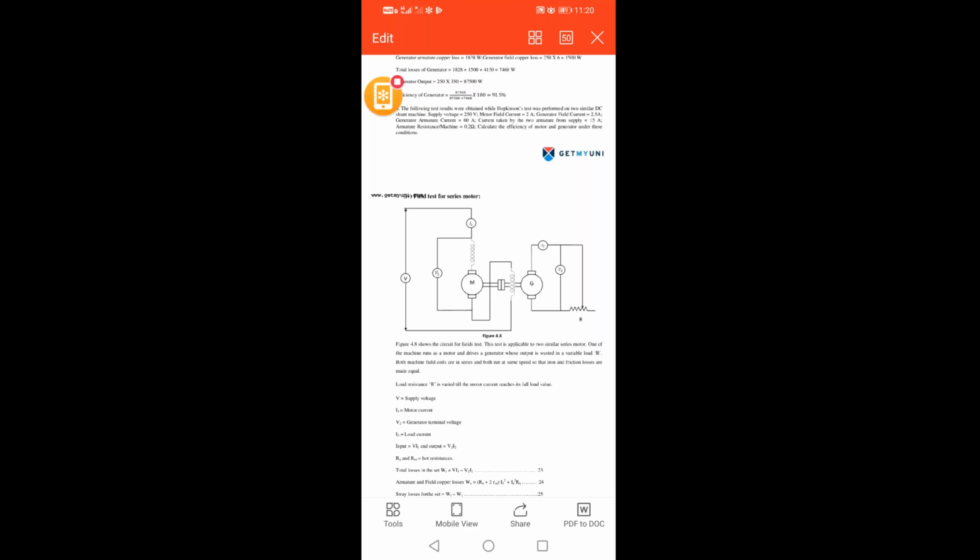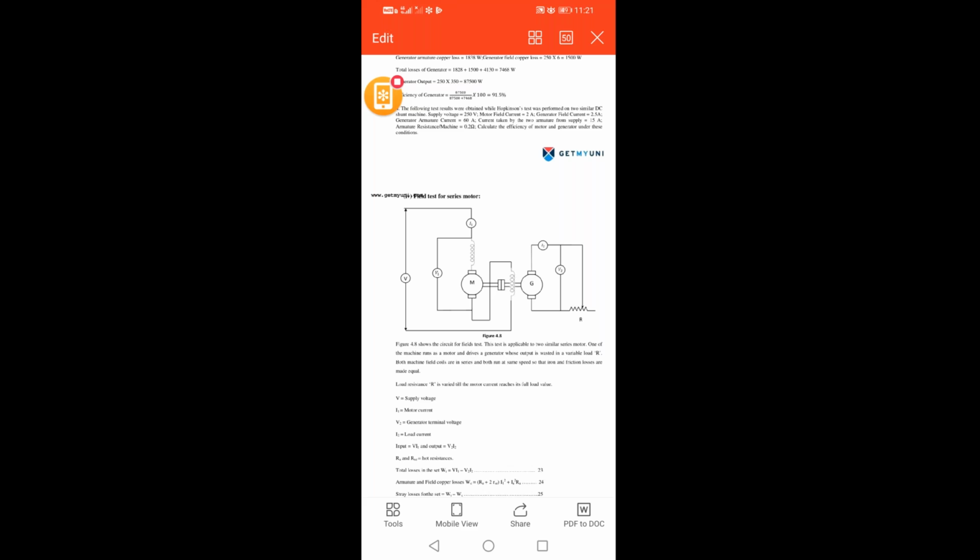Now this test is connected on a DC series motor, right? When we call it a DC series motor, the field winding is connected in series, no?